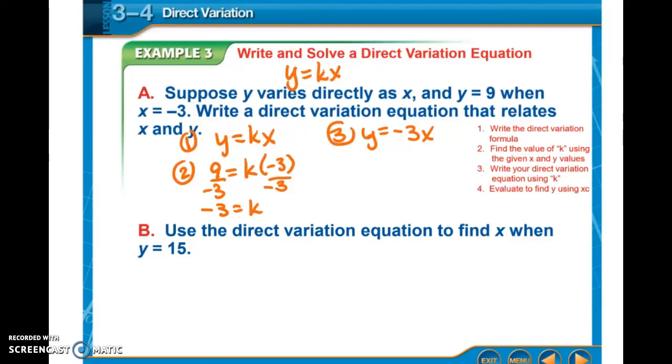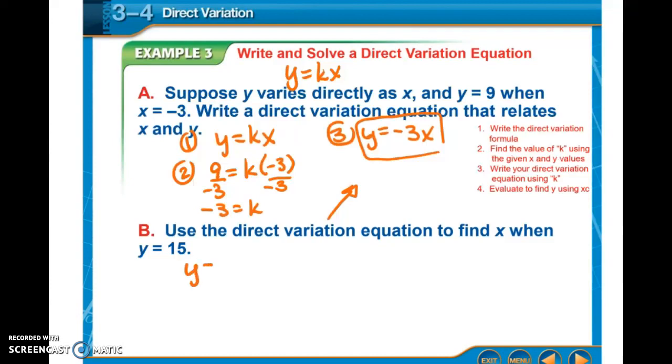Now we're going to evaluate to find y using the new x. So we did everything on here, but here's the part where it changes a little bit. We're going to use this equation to find x when y equals 15.